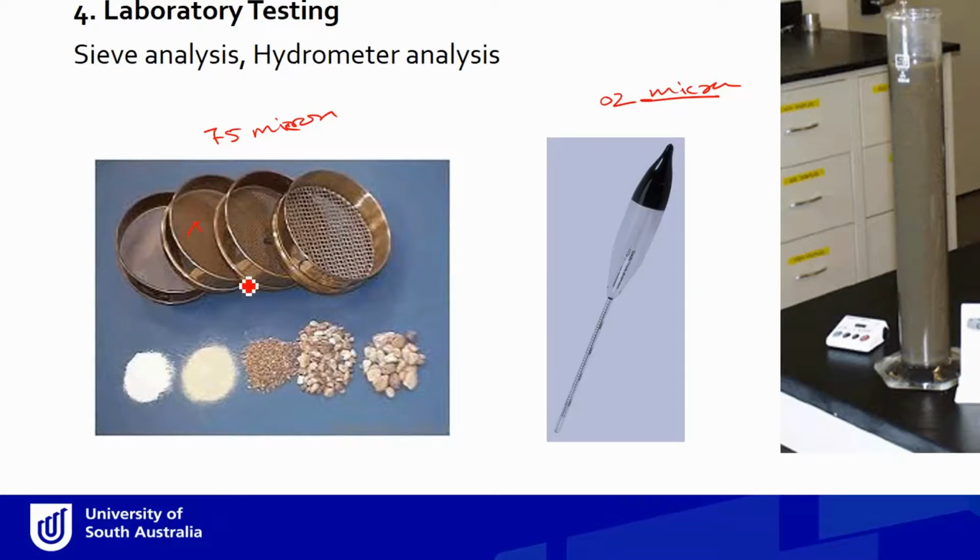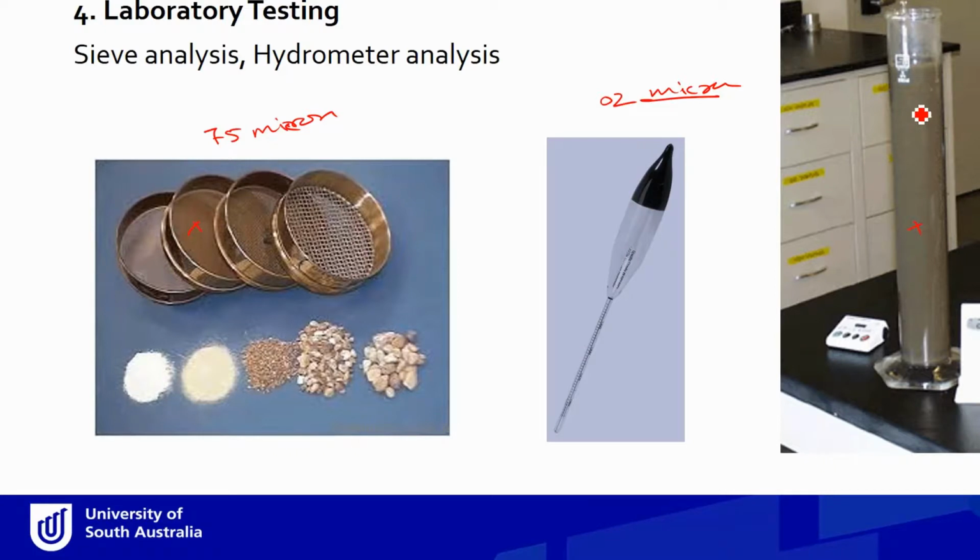If we want to know about the particle size distribution below 75 micron, we use an apparatus called a hydrometer. This apparatus works on the principle that we take some water in a cylinder like this, mix it with soil, shake it very well and let it settle. If the particles are a much bigger size, they will settle very quickly.